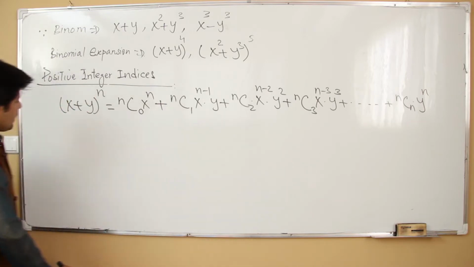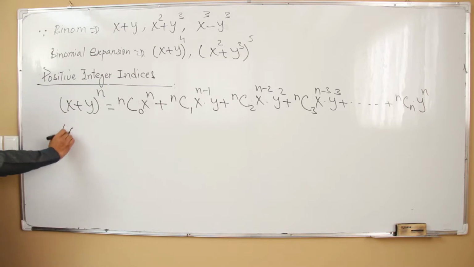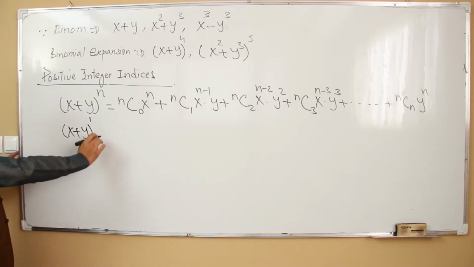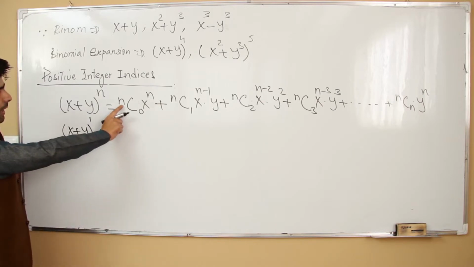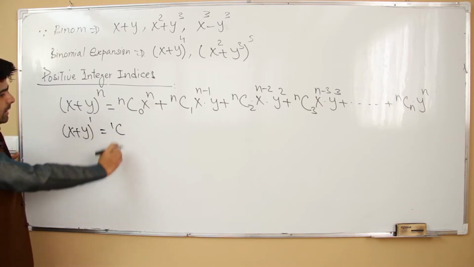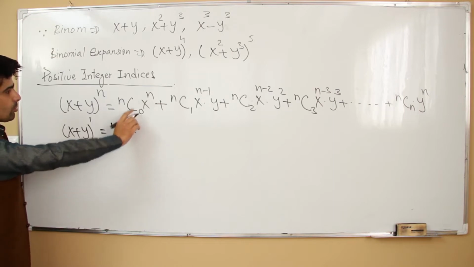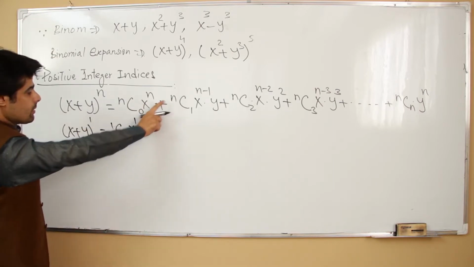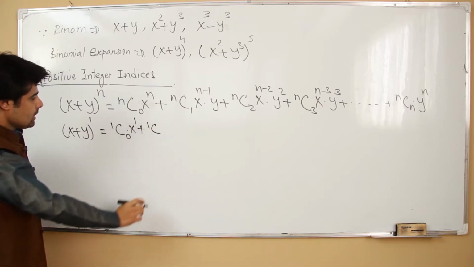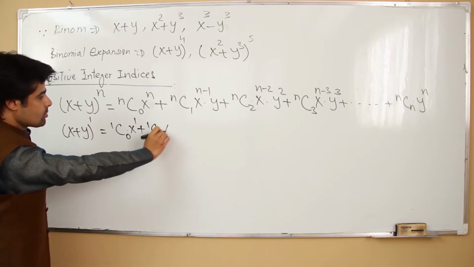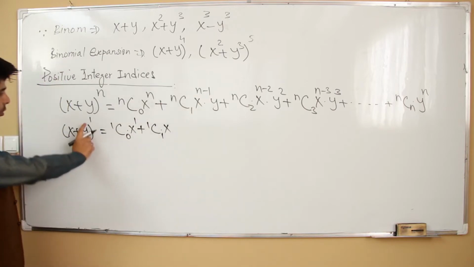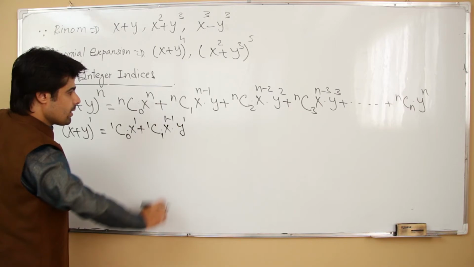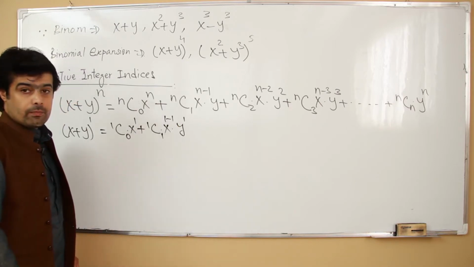For example, if you have (x + y) raised to the power 1, now use this formula. n is 1: 1C0 x to the power 1, plus 1C1 x to the power 1 minus 1, and y to the power 1. Am I right? Yes.